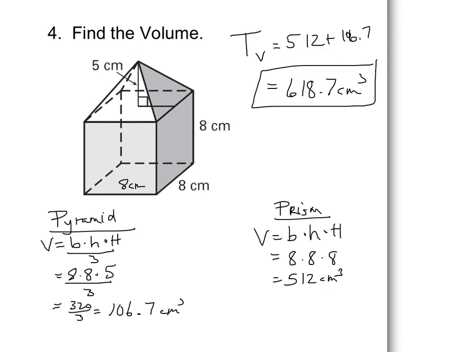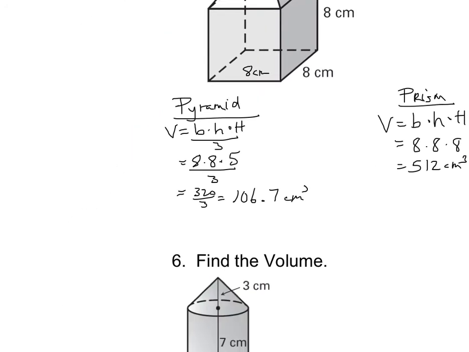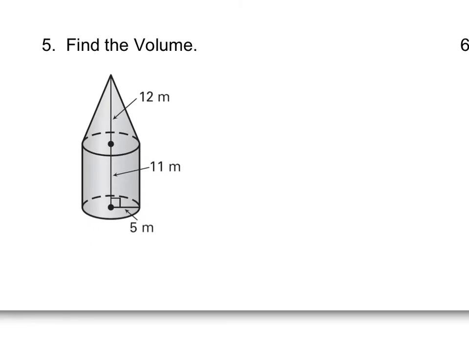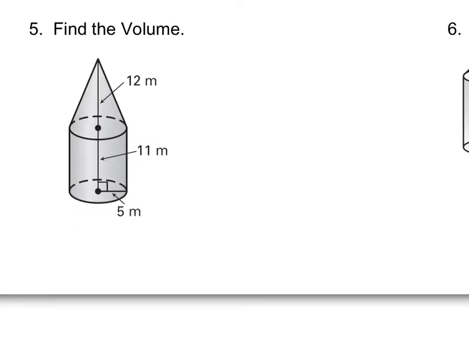Okay. All right, now let's take a look at the example for number 5. We've got a cylinder and a cone. I'm going to start with the cylinder.